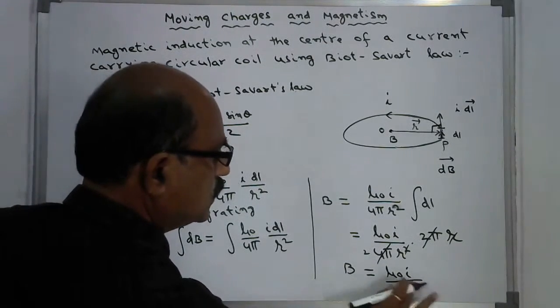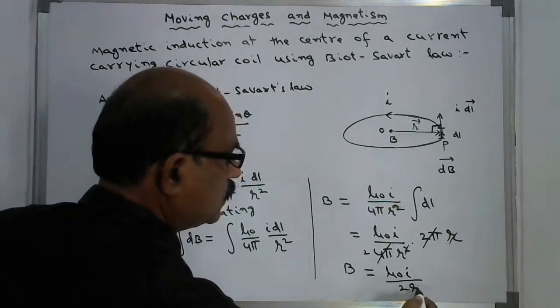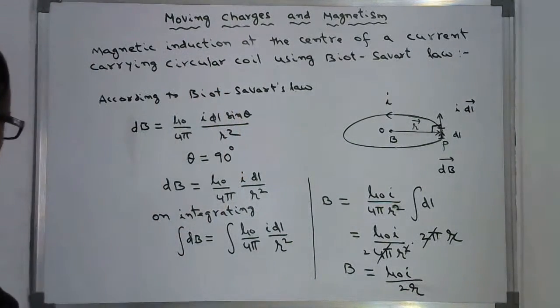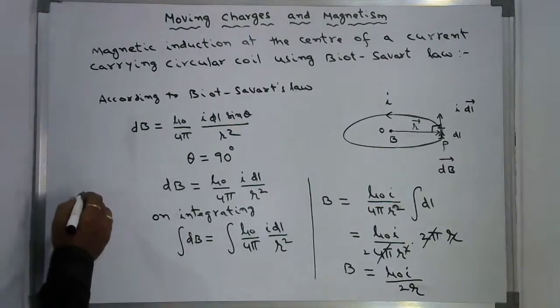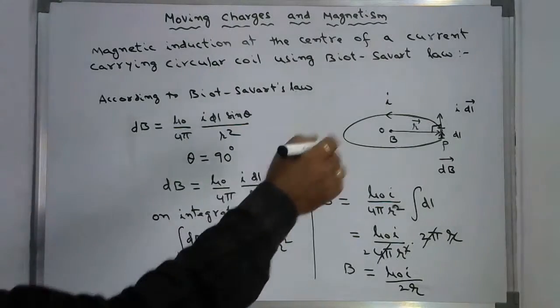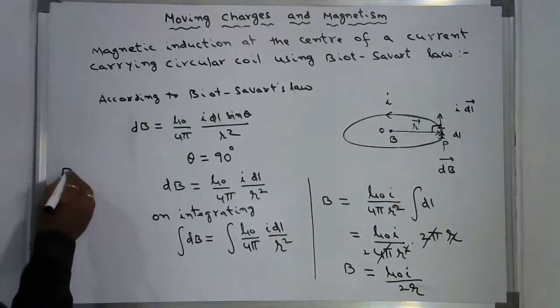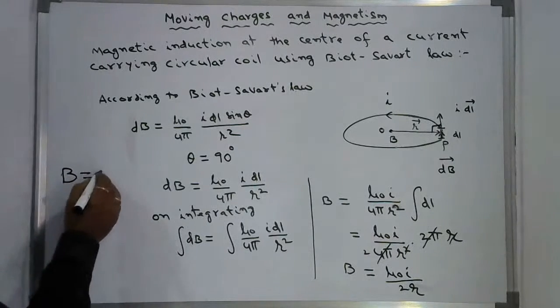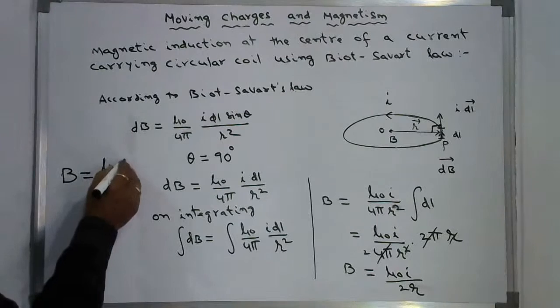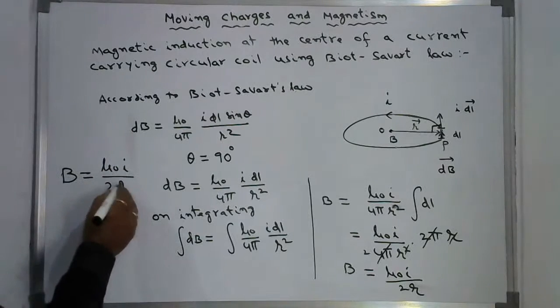This is mu naught I by 2r. So the final expression for magnetic induction due to a current carrying circular coil at the center is B equal to mu naught I by 2r.